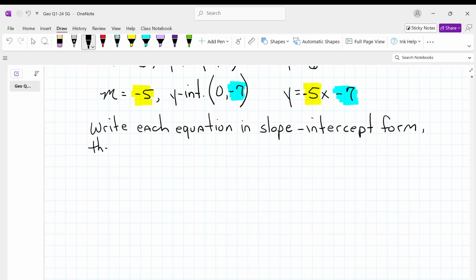Then list the slope and the y-intercept.